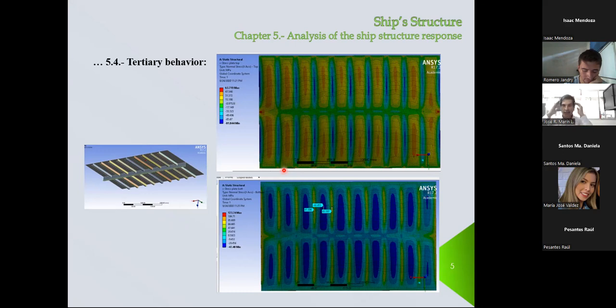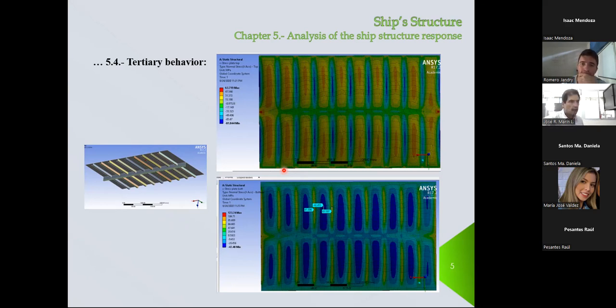Why not? Because we have to accept that this plate panel is not fixed, not clamped: both ends have to move, and there is also some rotation of the stiffeners. That prevents us from considering these panels as clamped.